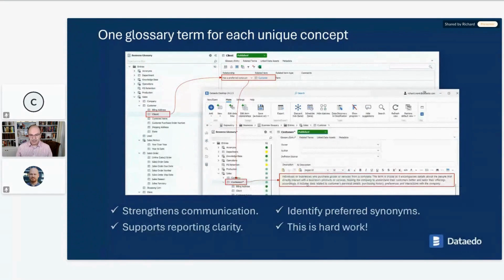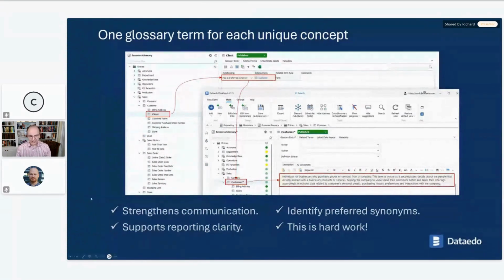Over time, people will come to understand and use that preferred synonym. And if they don't, this glossary will point them to the right place. We want to make that work so that people come to use the standardized terminology.